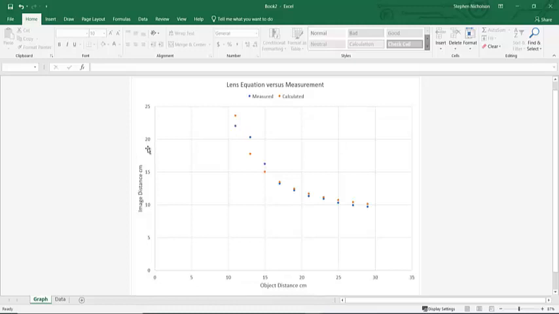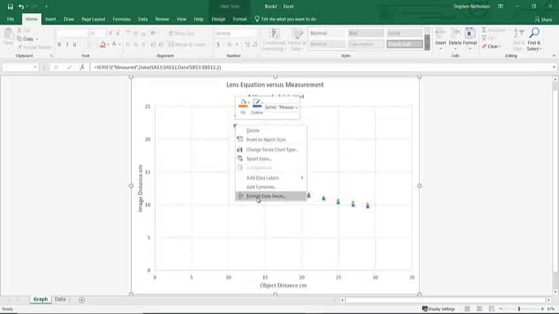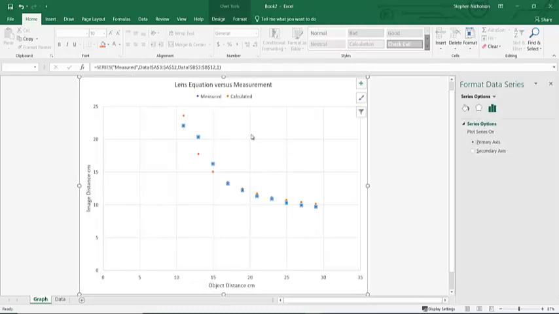Now, one thing we haven't done before, so let me show you one more thing, is you can make these symbols different size, different colors, different shapes. So I'm going to right click on that, and it says Format Data Series. And I think if you come over here, you can change the marker.